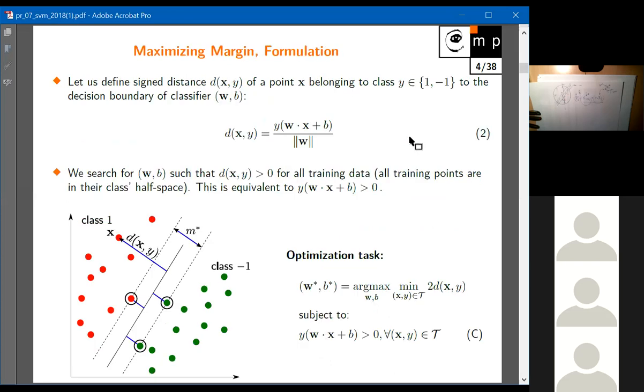Okay, so we had this quantity d(x), or distance, from the separating plane. Maybe we can put here w as well and y. And the y is plus minus 1, so this is just a sign function.